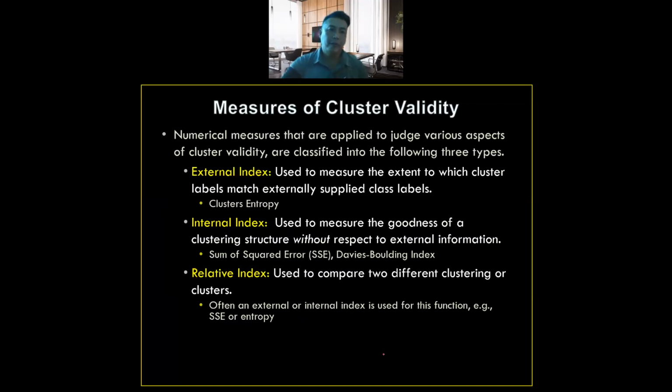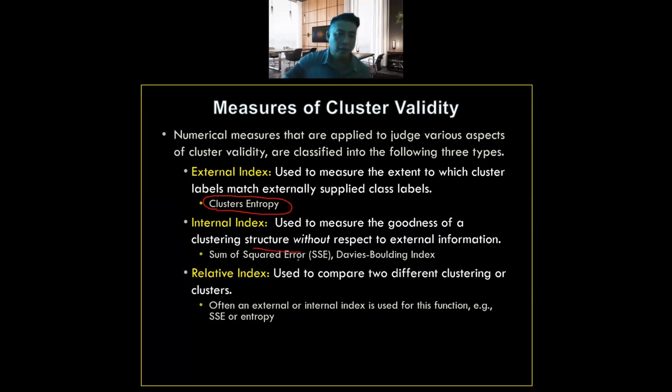Okay, so we have a few measures of cluster validity. The first one is called the external index. For the external index, they are referring to the cluster entropy. So this one, they are looking at the content of your cluster. And the internal index, they are looking at the structure of your cluster.